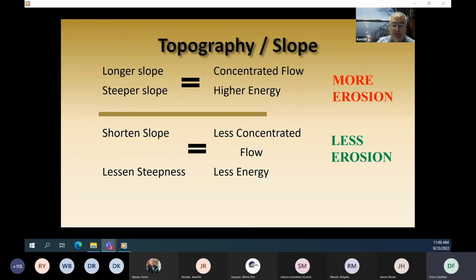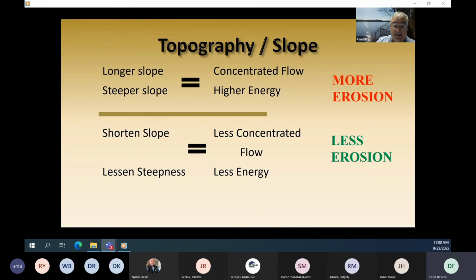Anything we can do to shorten slopes and lessen the steepness through grading, or through use of straw wattles or compost socks along the slope to help break that water up, will spread out the water: less concentrated flows, less energy, less erosion.